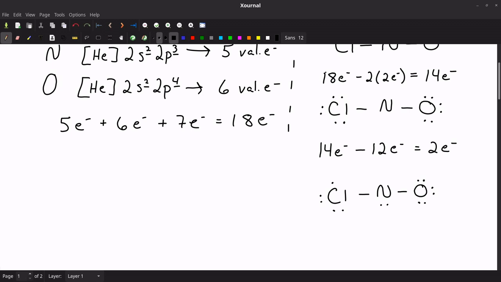Now, we need to look at the octets here. So chlorine has 1, 2, 3, 4, 5, 6, 7, 8. He's got a full octet. He's happy. Oxygen 1, 2, 3, 4, 5, 6, 7, 8. He's got his full octet. He's happy. Nitrogen 1, 2, 3, 4, 5, 6.